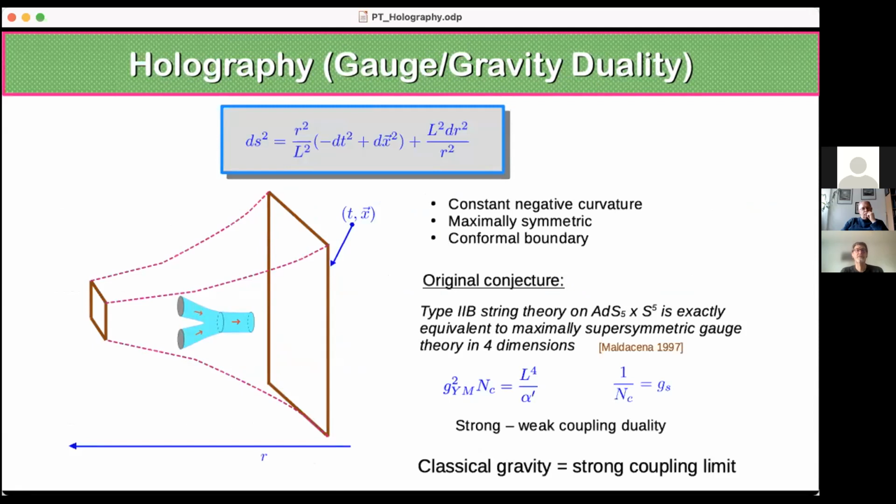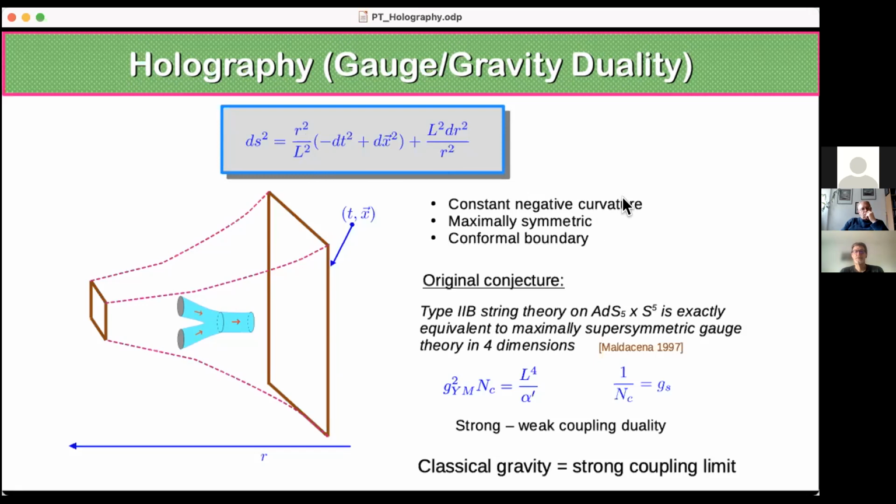So the basic ingredient of holography is a space-time which is anti-de Sitter space-time, or asymptotically anti-de Sitter space-time. Here I've written down the metric in a specific coordinate patch. You see that basically it's flat space, which is just Minkowski space, minus the t squared plus the x squared. And then this flat space is fibered over a radial direction r, which runs from 0 to infinity, and it grows like r squared as you go out with r to infinity.